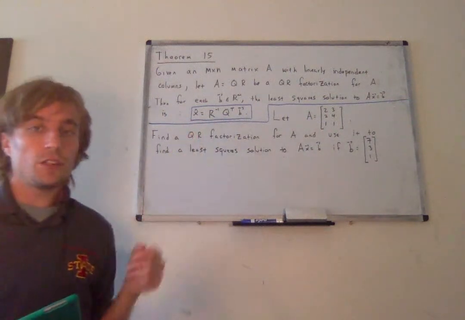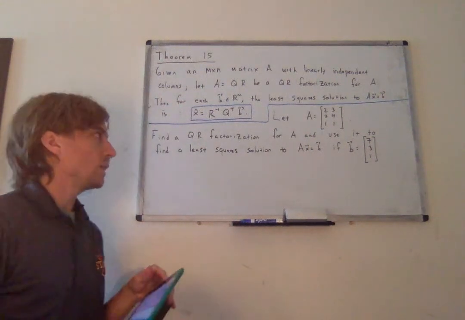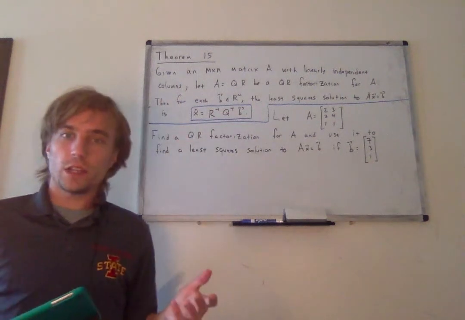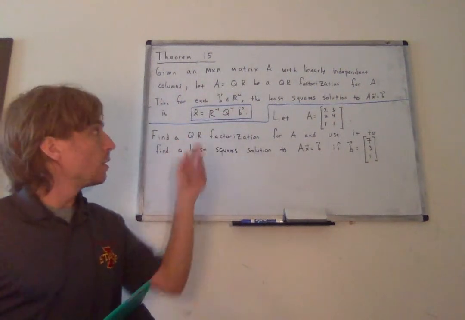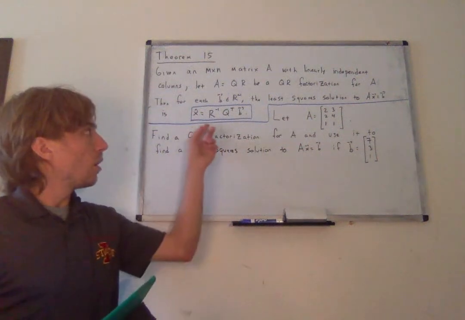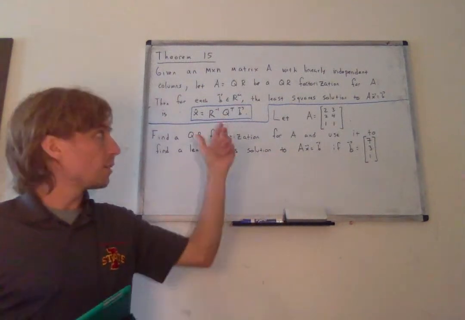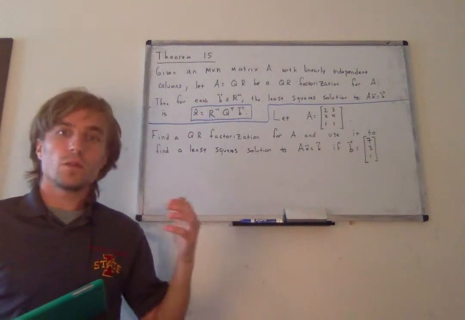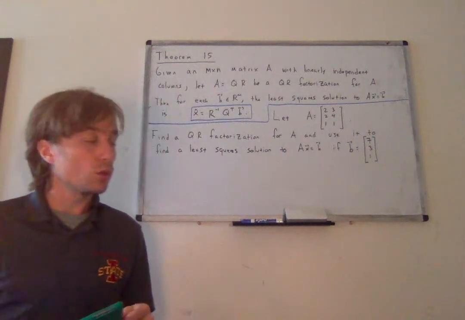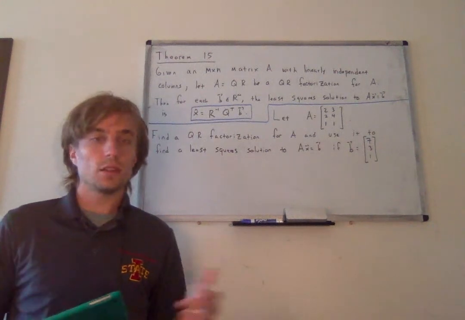One QR factorization, while it takes long by hand, a computer could certainly do in a relatively easy amount of time. Once we have R inverse and Q transpose, all this amounts to is the multiplication of two matrices and a vector, right? Whereas the other two solutions to these least squares problems that I had introduced always involve solving a matrix equation of some sort at the end.